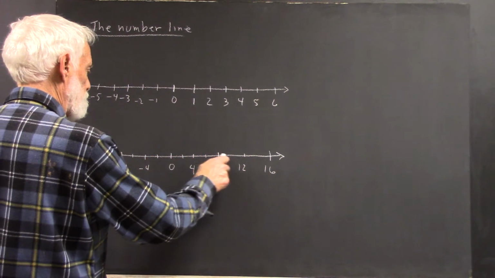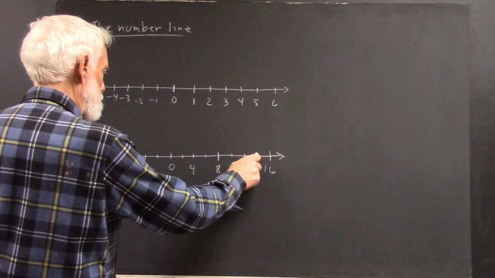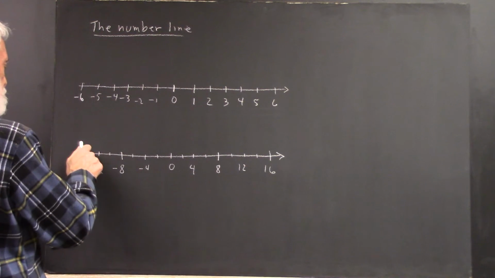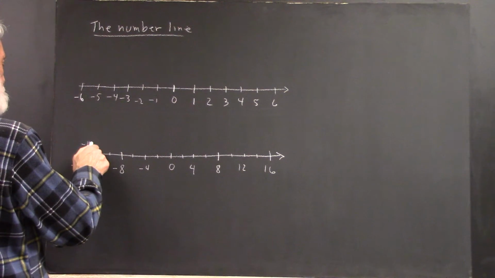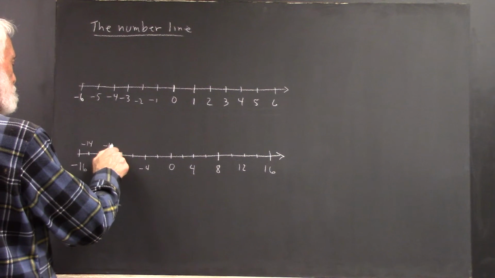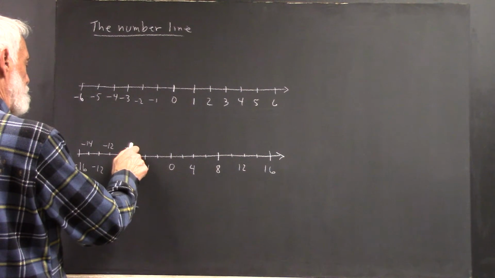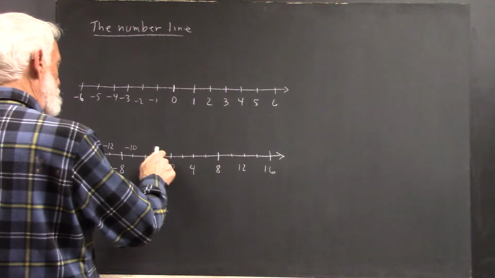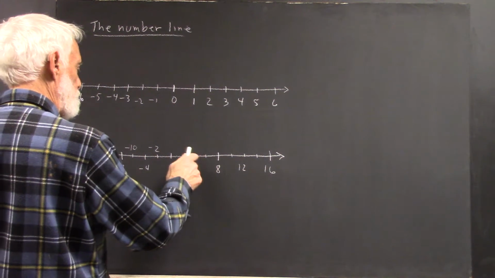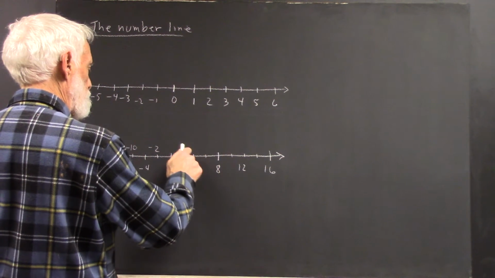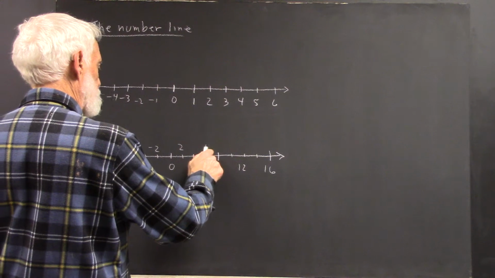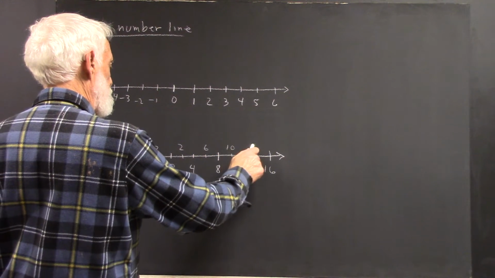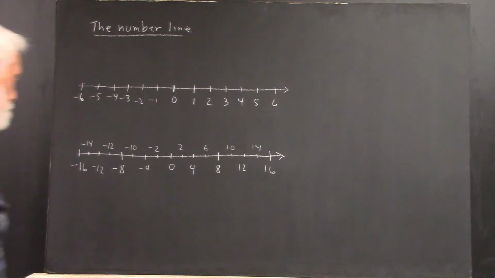And that would give us the numbers -14, -12, -10, -2, 2, 6, 10, 14.